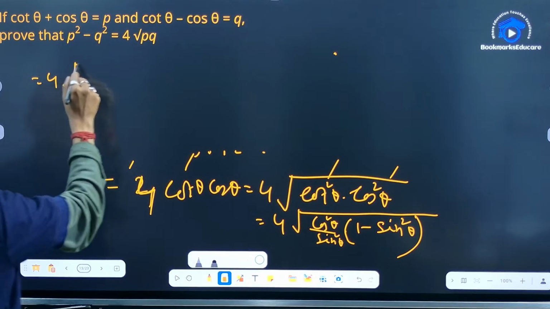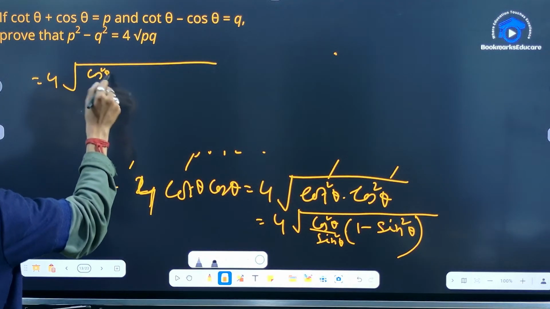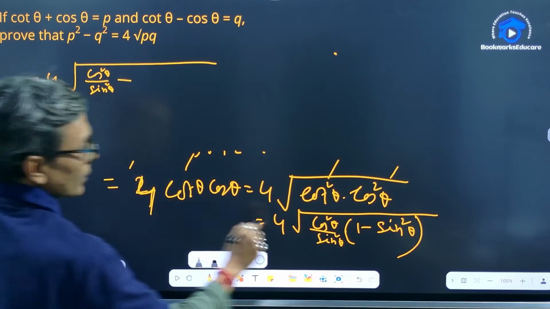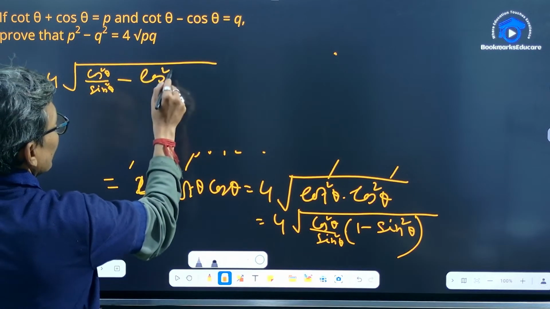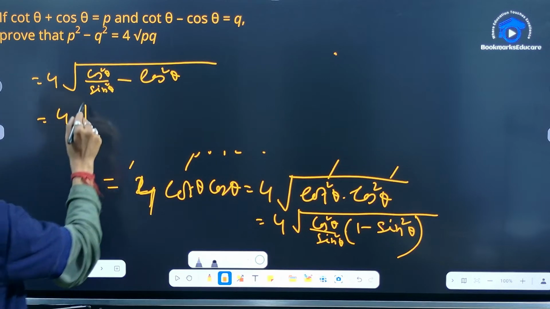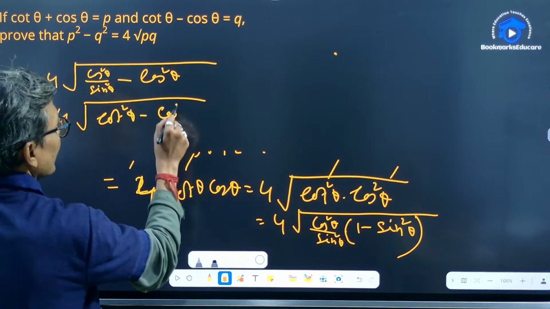So 4 into root over of cos square theta by sin square theta minus cos square theta. Okay, so now 4 into root over of cos square theta minus cos square theta.